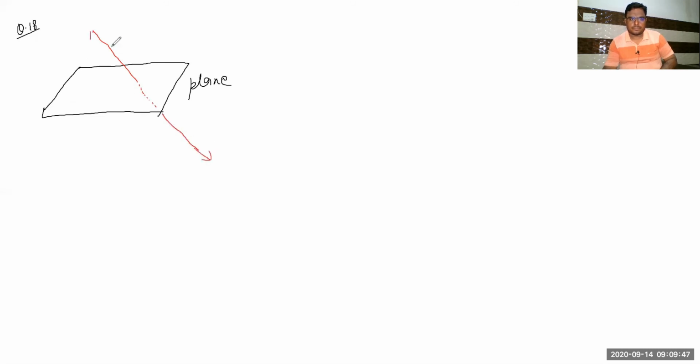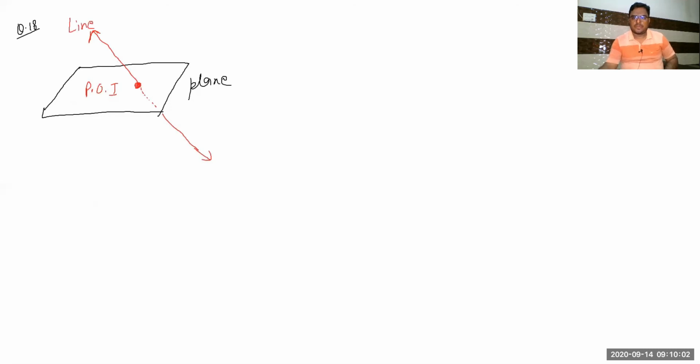So we have a plane, and we have a line. This is the point of intersection. This line is intersecting the plane at this point. So it is the point of intersection of plane and line.